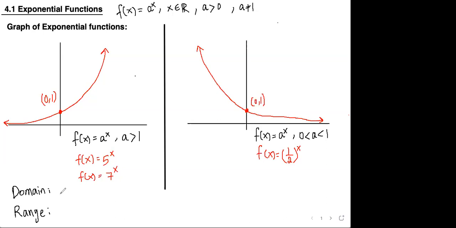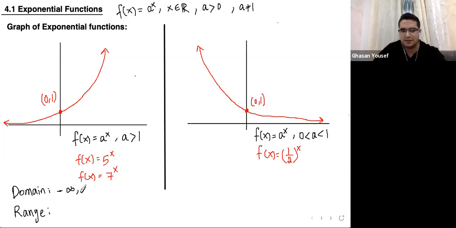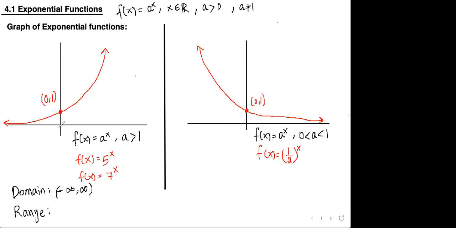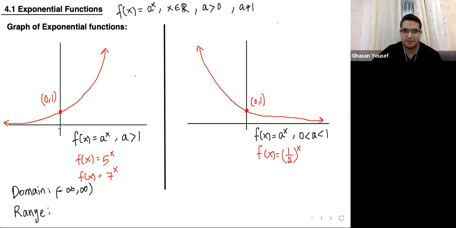All the values of x, from negative infinity to positive infinity. Exactly. What is the range? Look at the y-axis. Which values of y do we use to graph this function?